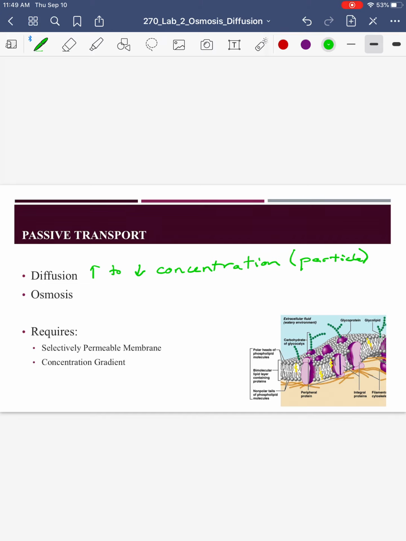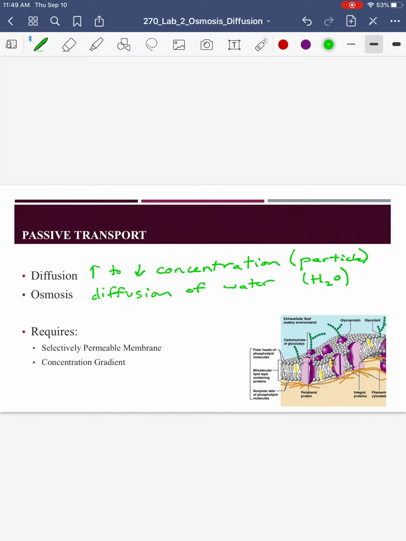And then osmosis is the same principle. The only difference is that we're talking about water. So you could define osmosis as diffusion of water, or simply say movement of water from high to low concentration. They're really the same thing.